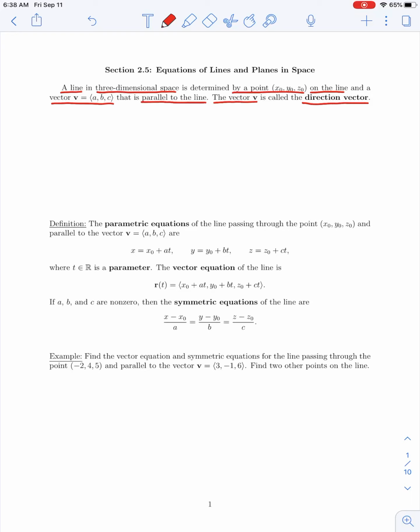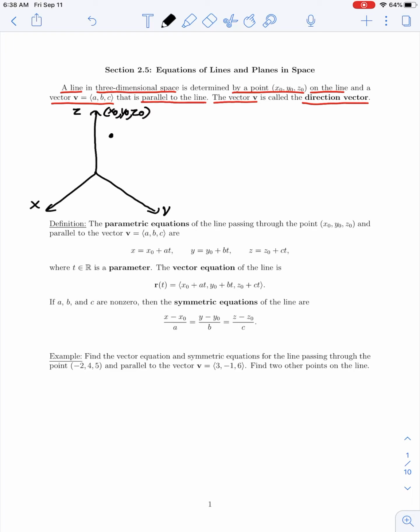So let's try to visualize this. In 3-dimensional space, let's say that we have our x-axis, the y-axis, and our z-axis. Maybe we're just looking in the first quadrant of space. And let's say that we have some point that lies on a line. This point we're going to call x naught, y naught, z naught.